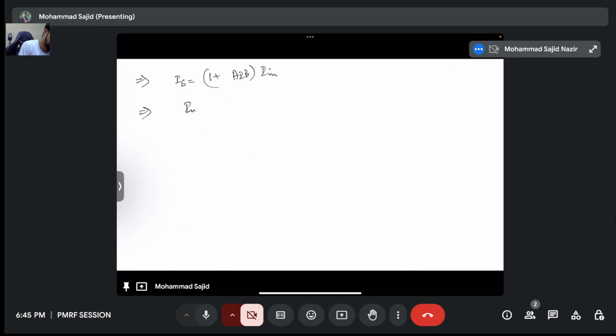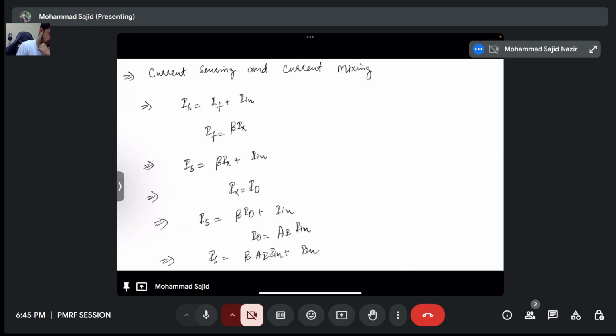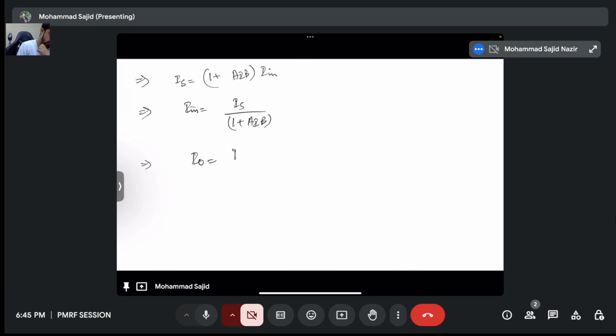So my In is Is divided by 1 plus AI times beta, and I output is AI times In, therefore I output will be AI divided by 1 plus AI times beta times Is.